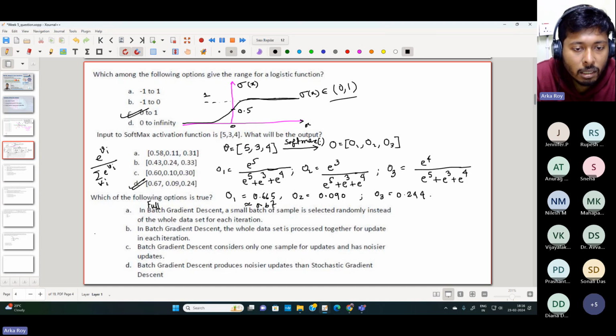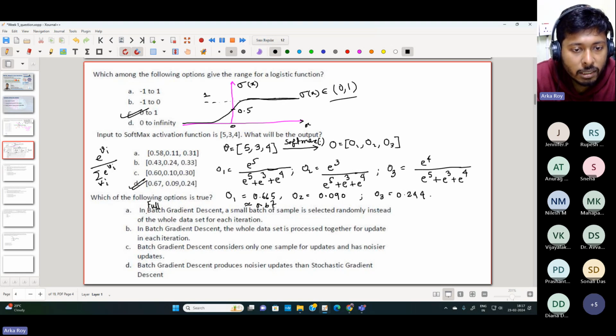And another one is mini batch gradient descent, which basically considers a small subset of the whole batch. It feeds that small subset into the network, calculates the loss, accumulates it, and then does the weight updation using gradient descent.